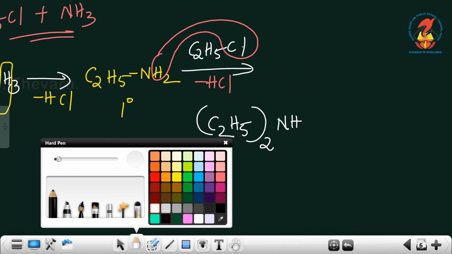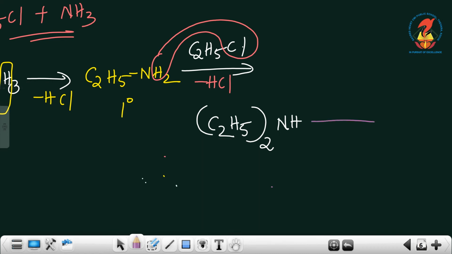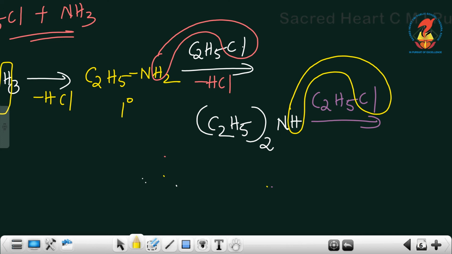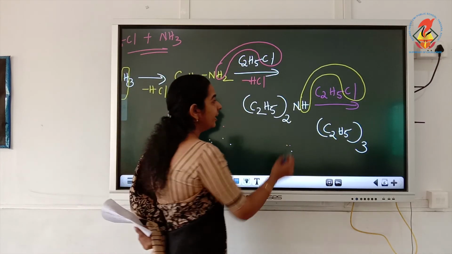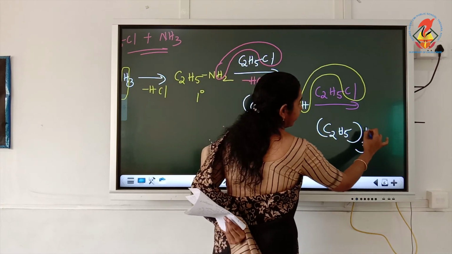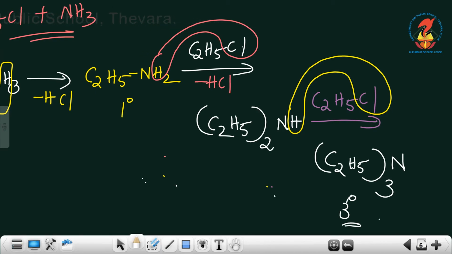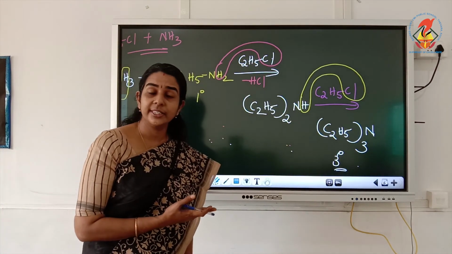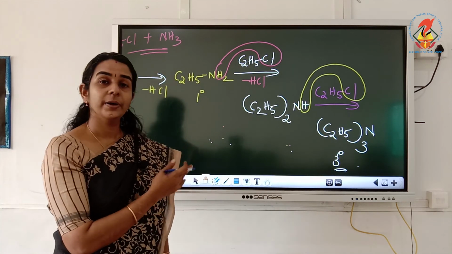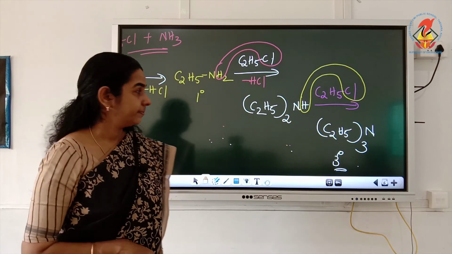Now it has one more hydrogen to replace, so it will be reacting with one more molecule of C2H5Cl, and from this again one more HCl will be eliminated, and we will be getting C2H5 twice becoming C2H5 thrice, because one more C2H5 is coming from here, and NH will become N. And if we want, we can write the reaction till the addition product, that is a quaternary ammonium salt, or we can stop at the tertiary amine.